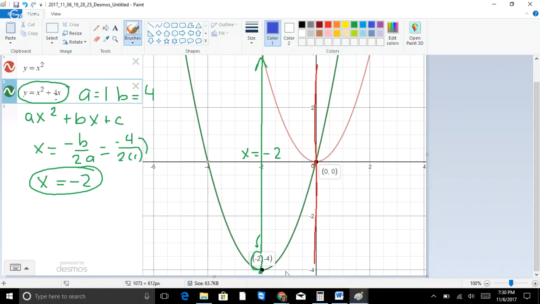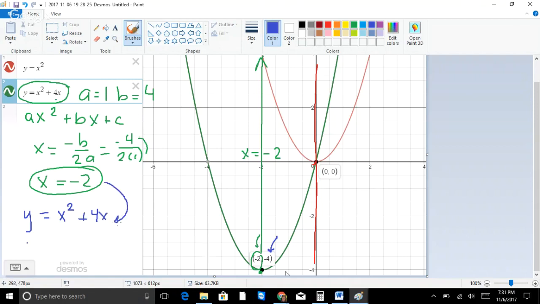The last little part is, well, Mrs. Ross, how do we get the -4 on the graph? How do we figure out where the other part of our vertex is? Well, to do that, we have to look back at our original equation. So we know y equals x squared plus 4x, and we know the vertex is when x equals -2.